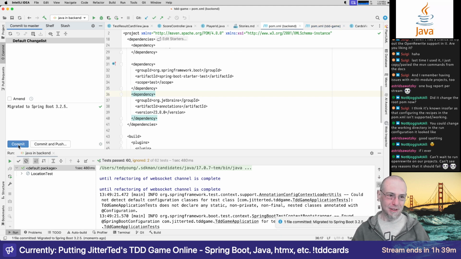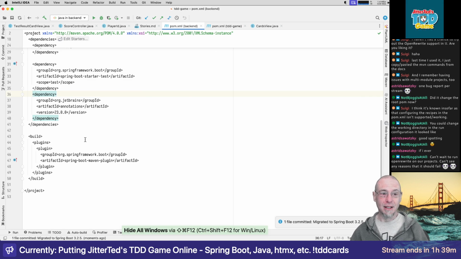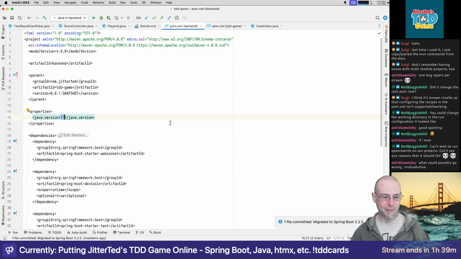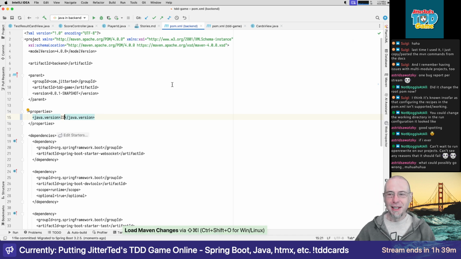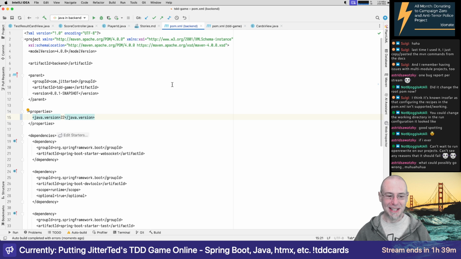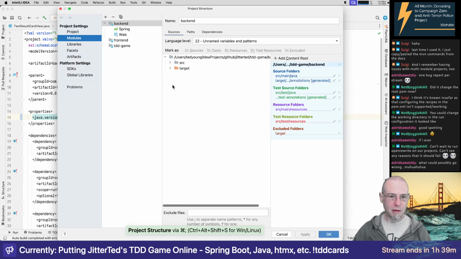And now we're on Java 17, but let's go to 22. No reason why not. What could possibly go wrong? Well, I hope you have good tests. That's all I can say. Because that's the only thing giving me confidence that this stuff works, that it compiled and the tests pass. Let's go check our project settings. So it's 22.